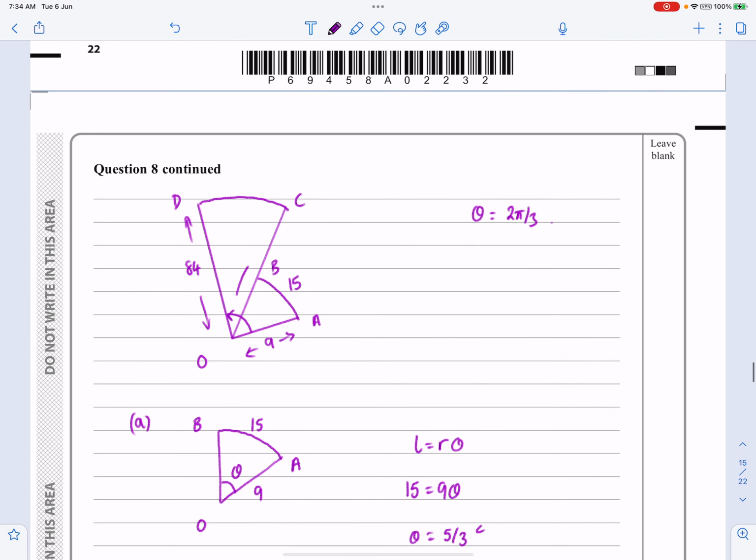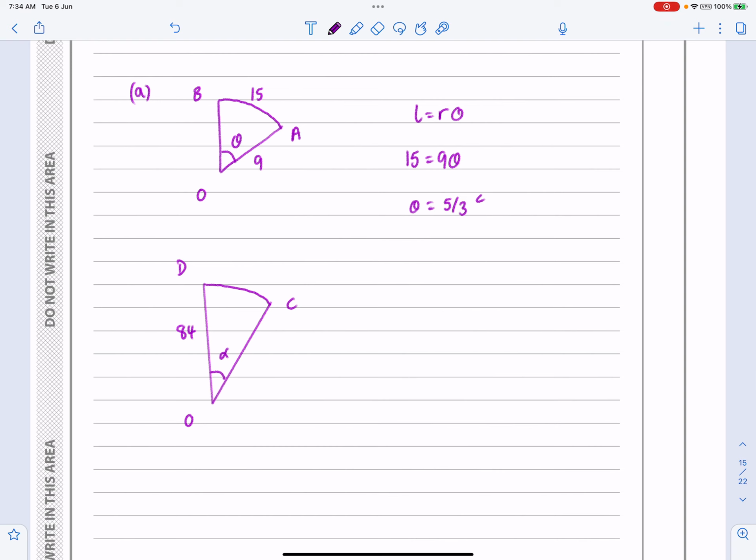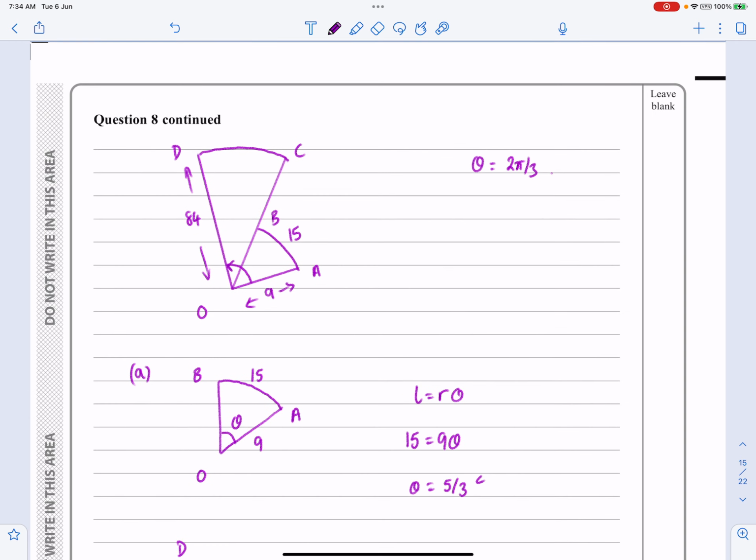Hopefully that would be clear to anybody looking that I'm doing that angle in there. So on this one now, I know what alpha is, because alpha will work out to be 2 pi over 3 minus 5 over 3. Does that make sense to you? We now know that angle's 2 pi over 3, that bit there is 5 over 3, so that's just 1 subtract the other one.